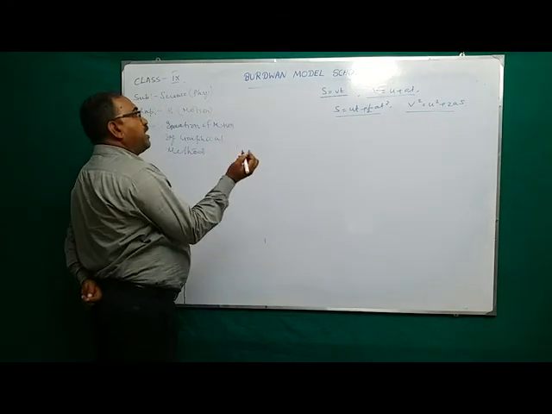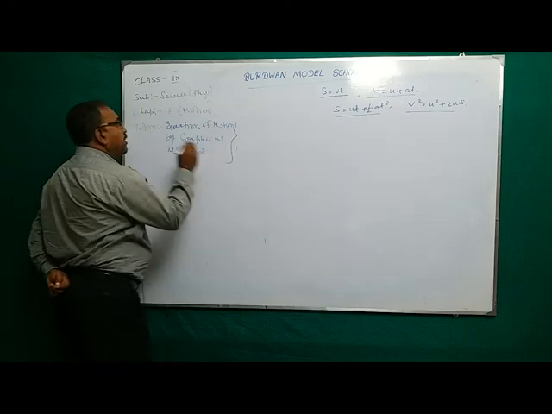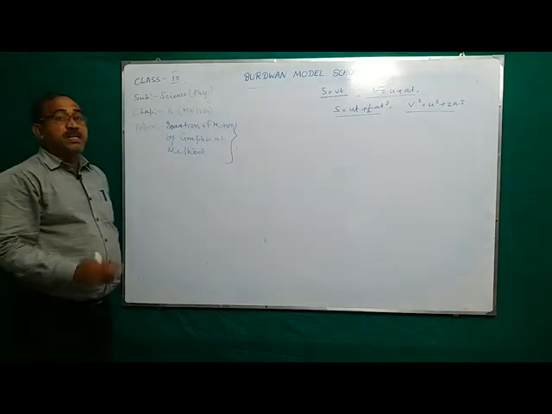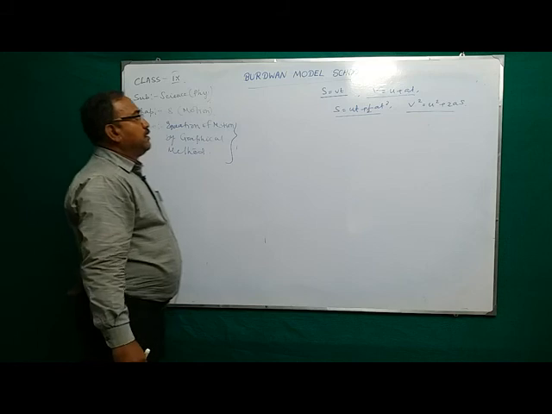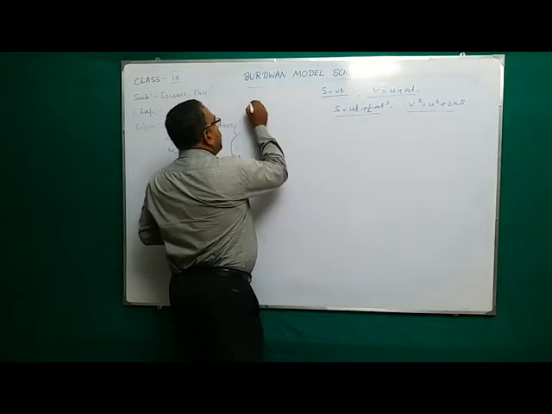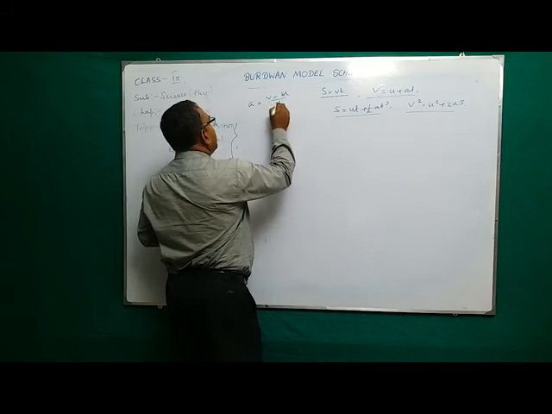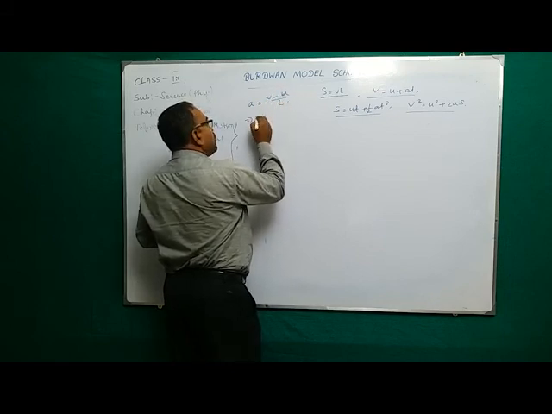You can prove it with the help of mathematics, but according to your syllabus, you must prove it with the help of the graphical method. Suppose, you know it from the definition, acceleration equal to V minus U by T. You cross multiply it.